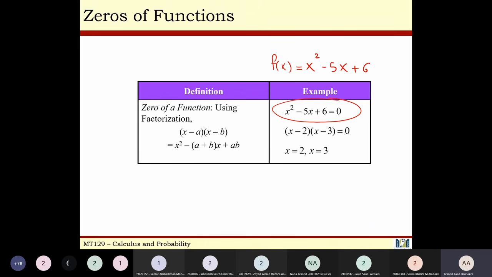After that, we need to find the factorization. Two numbers, the product plus 6 and the addition negative 5. We have negative 3, negative 2. So we have x minus 2 equals 0, or x minus 3 equals 0. So we have two zeros of this function. Okay.